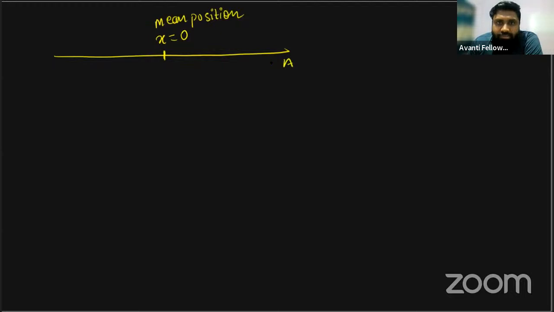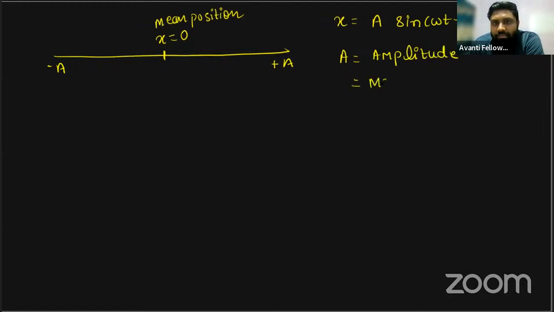These are the extreme positions, let's say plus a and minus a. Plus a and minus a are the amplitude of the SHM also. What is amplitude? Let me write the equation first here: x equals a sin(omega t plus phi naught). Now here a is the amplitude. And what is amplitude?